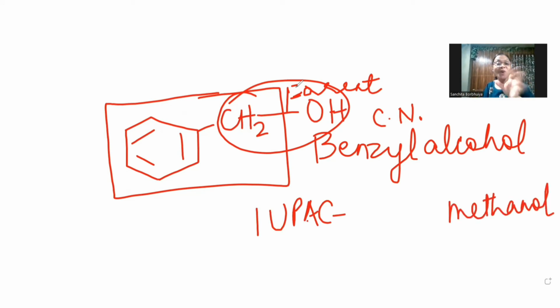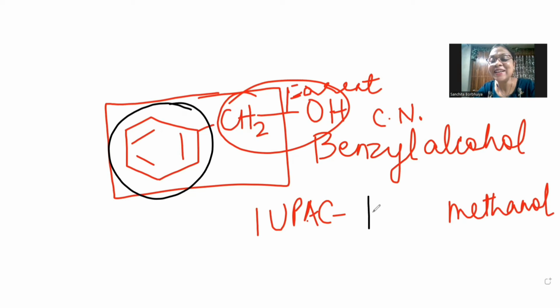And what is this group, besides calling it a benzene? No, it is never called a benzene when it is a substituent. You will call it, yes, oh, you have said phenyl. Excellent. Full marks for the answer. So it is phenylmethanol.